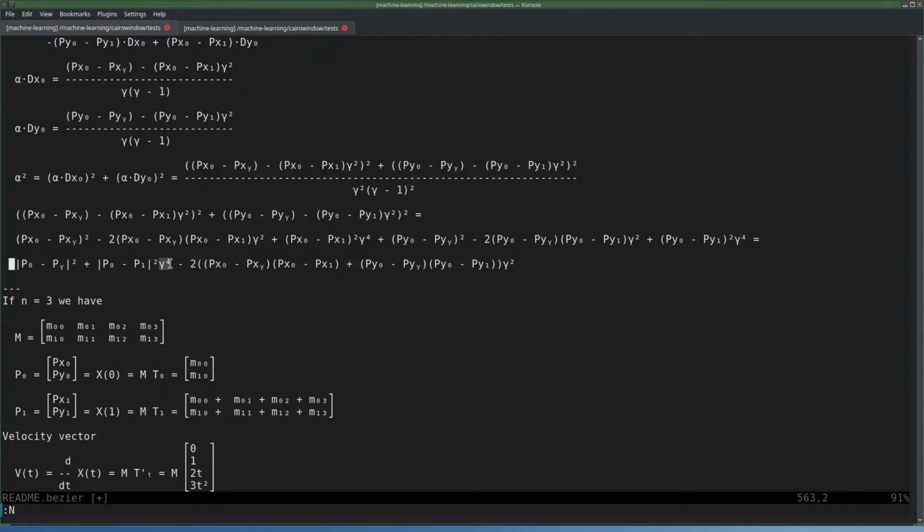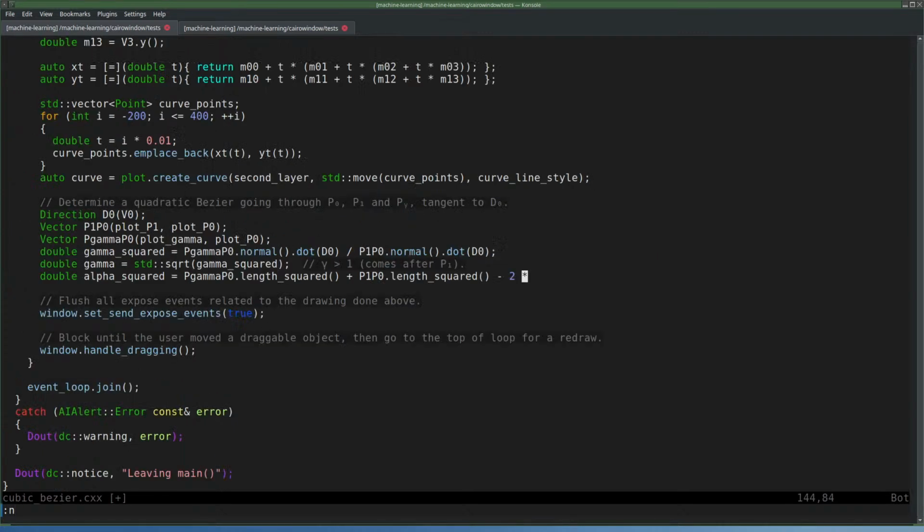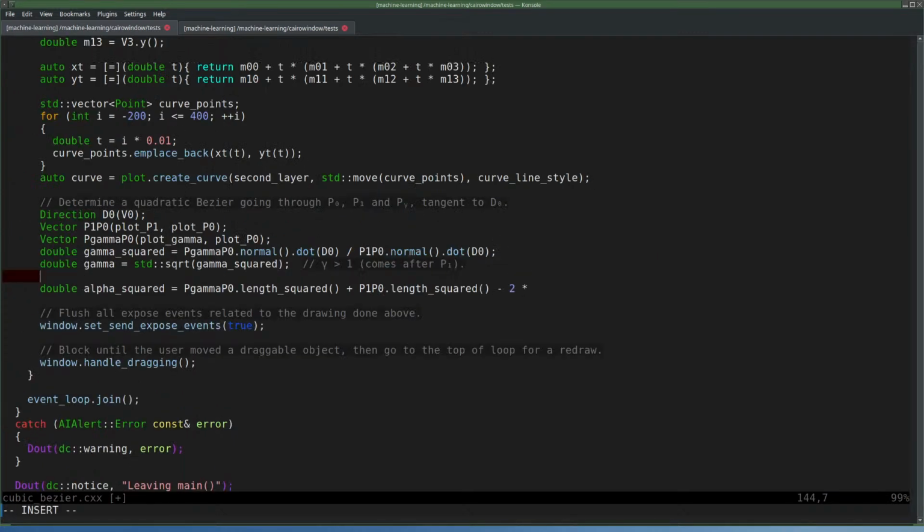And it must be times the gamma. Let's make a new one first. So that's the one vector. I can just multiply it maybe. Multiply this one with gamma squared. And then it works.